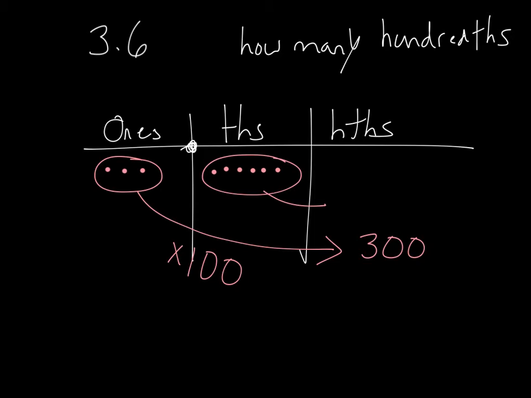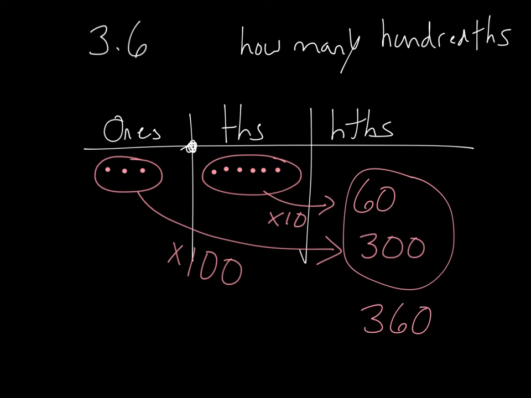And then these 6 tenths we would multiply by 10, because there are 10 hundredths in each tenth. And so this would end up becoming 60 hundredths. So all of this together would be 360. So 3 and 6 tenths is equal to 360 hundredths.